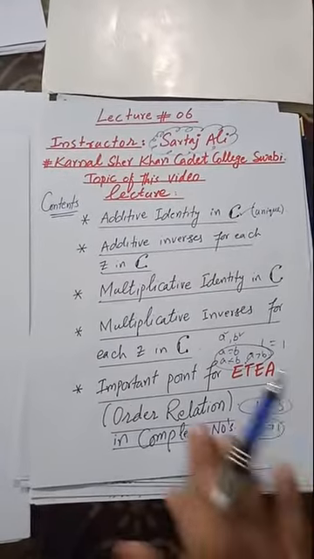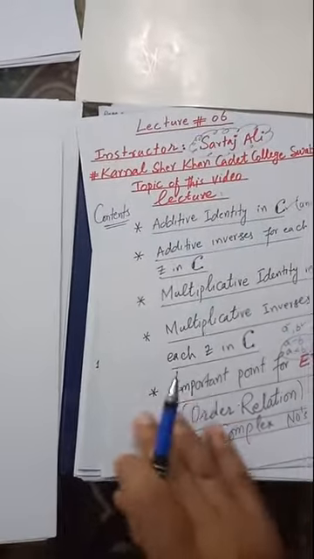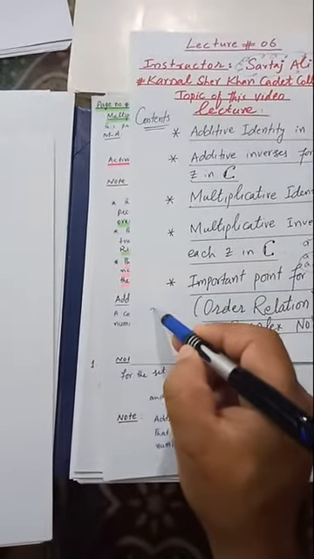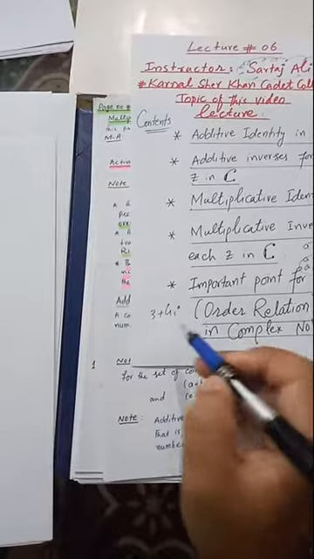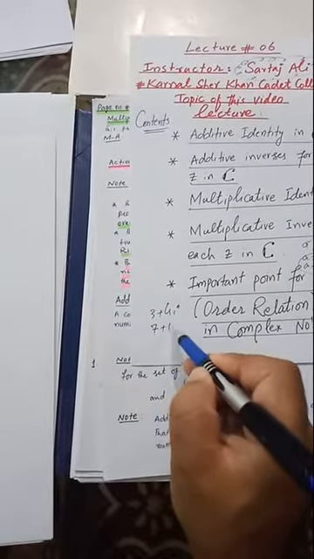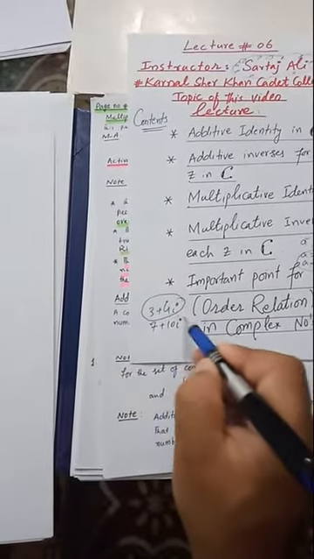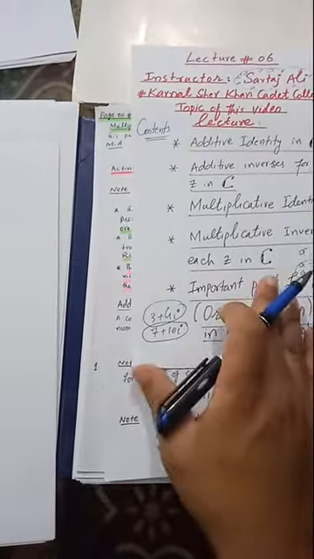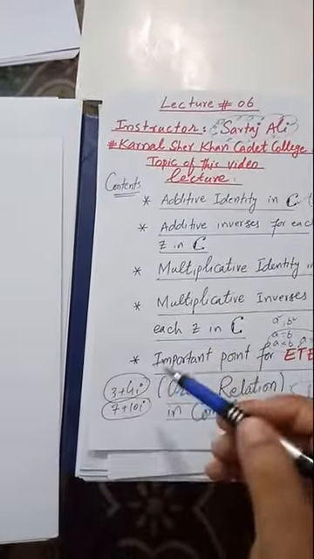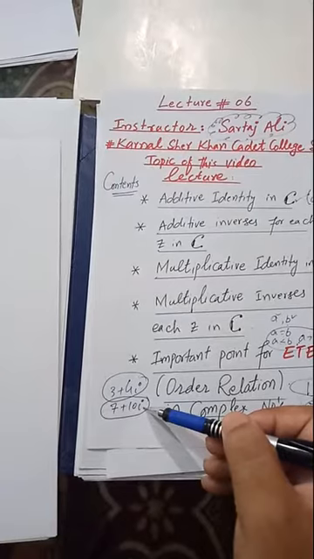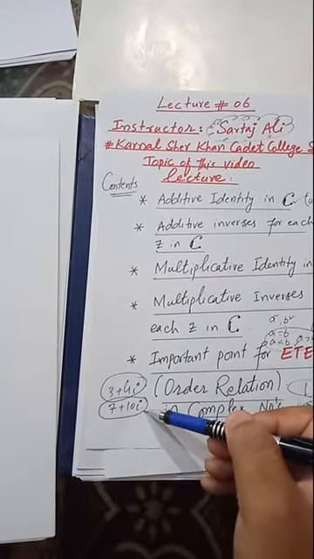But now the question arises: if I consider two complex numbers, for example 3 plus 4 iota and 7 plus 10 iota, can I compare these two complex numbers? Can we say that this complex number is greater than that complex number, or this complex number is less than that one?